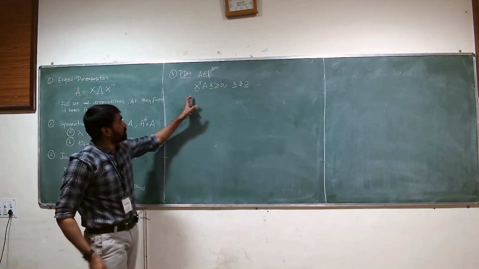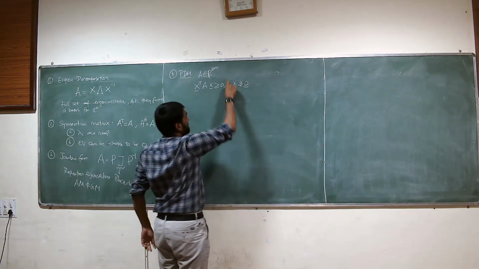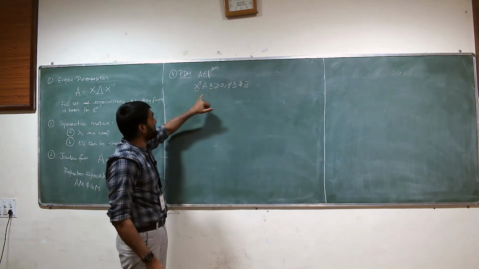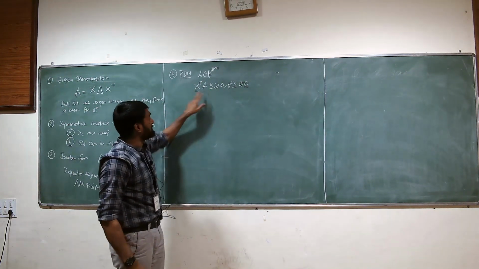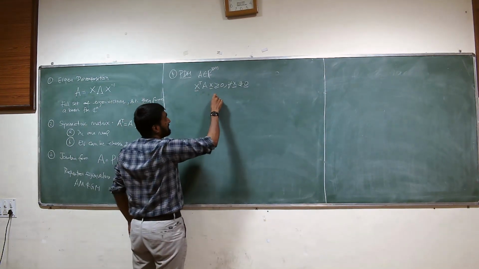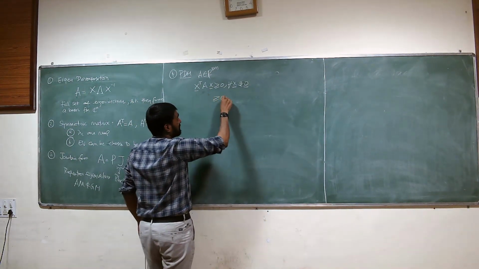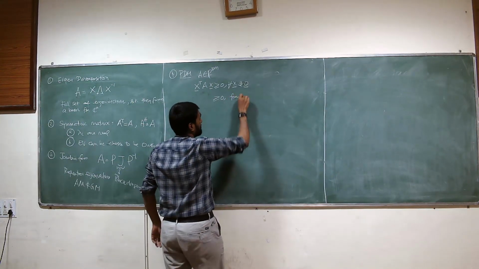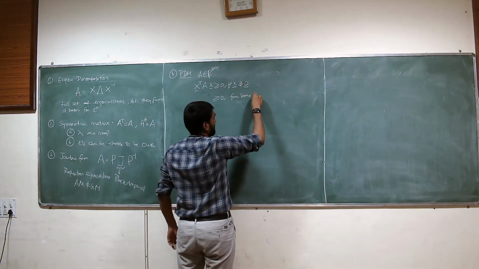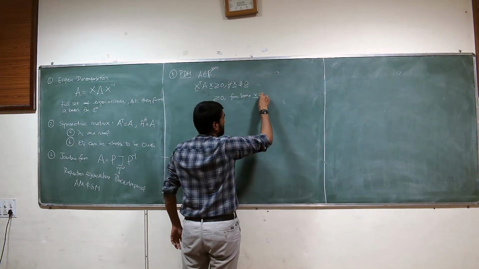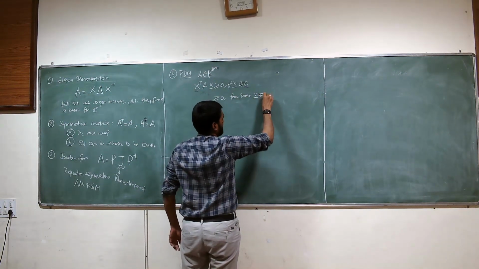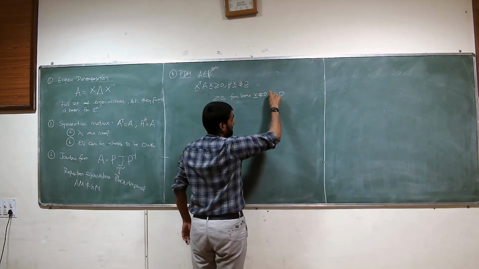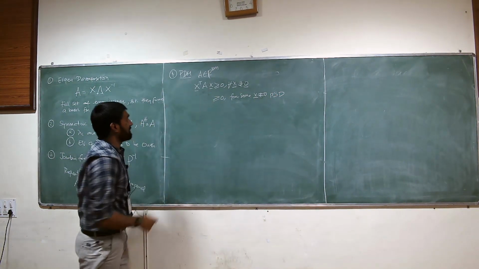If this is true for all x not equal to 0, where x is a vector from Rn, and the matrix satisfies it, then you say this is a positive definite matrix. But if it's greater than or equal to 0 for some x not equal to 0, then this is positive semi-definite. Okay, all right.